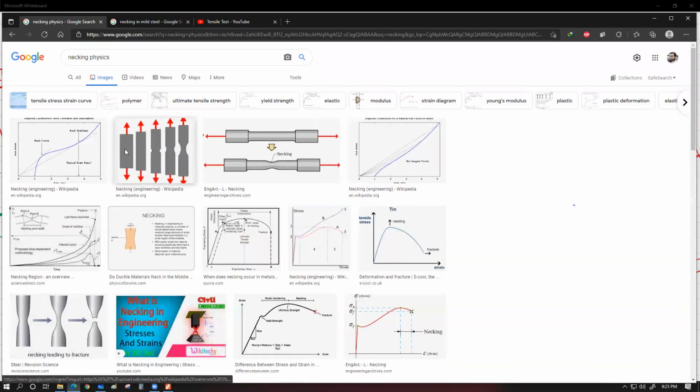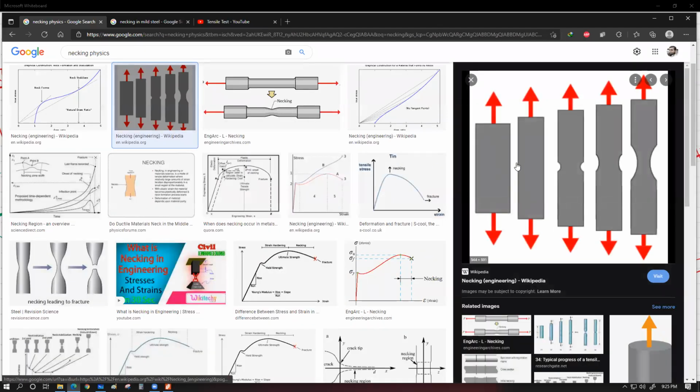So for example, let's say we are elongating a certain object under tensile stress. Up to a certain point of application of force, the object is going to keep on deforming uniformly. So this was a large specimen, this is a bit thinner specimen, and you can see that the diameter has reduced uniformly.